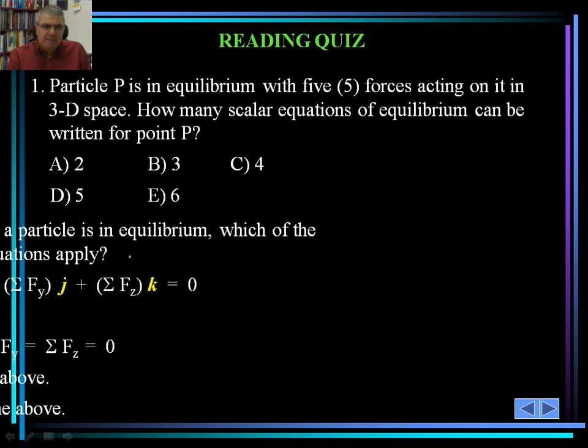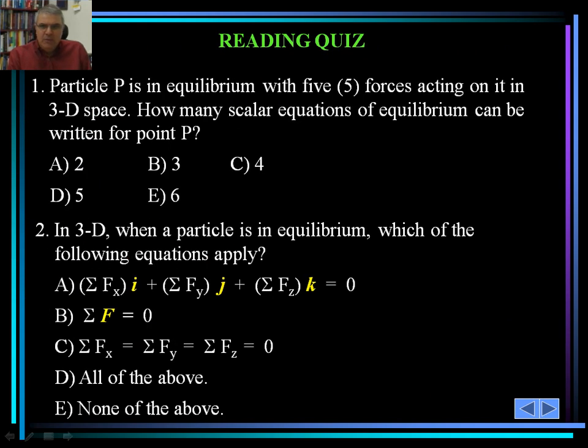So let's get started with the reading quiz. We can read this together. Question number 1: particle P is in equilibrium with 5 forces acting on it in 3D space. How many scalar equations of equilibrium can be written for point P?